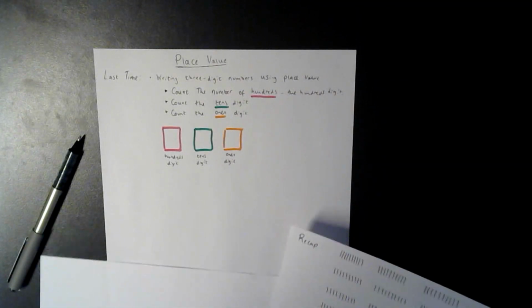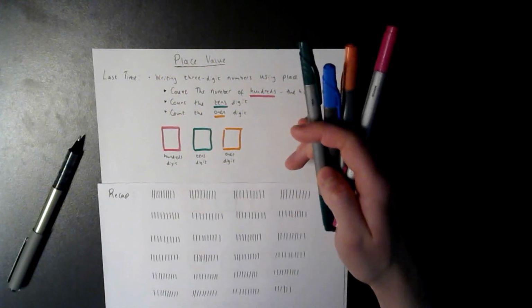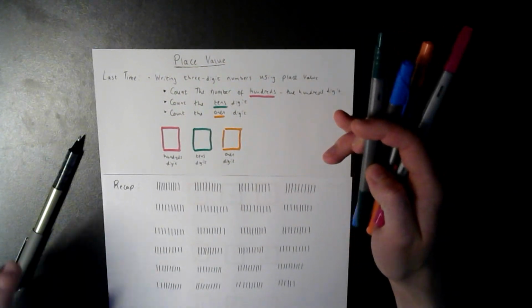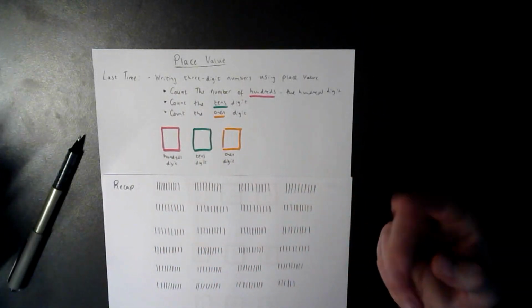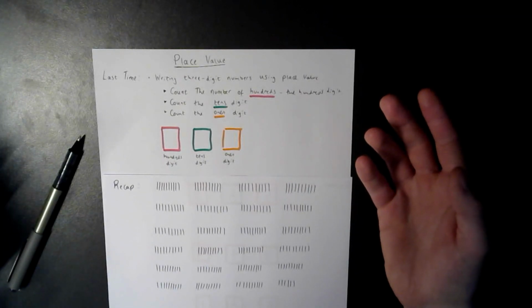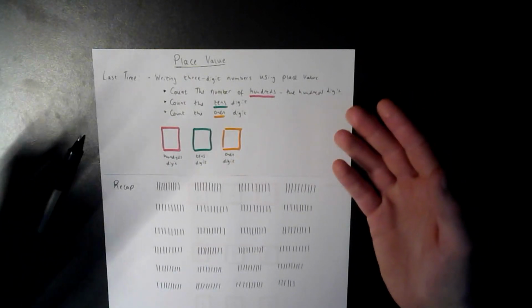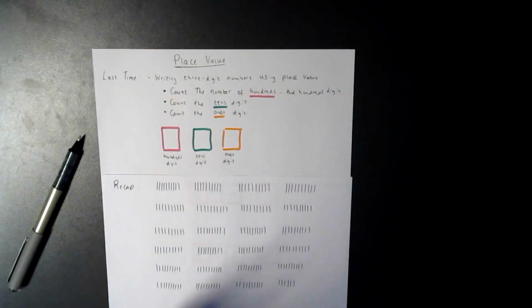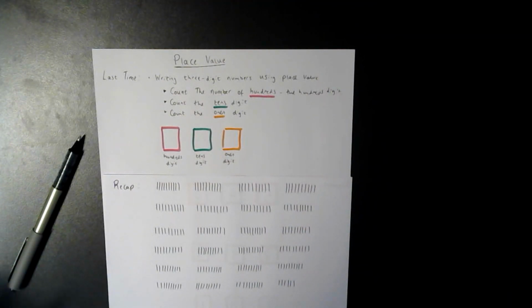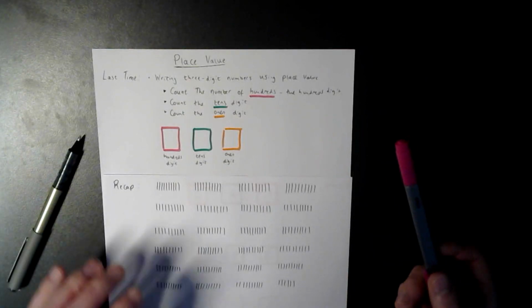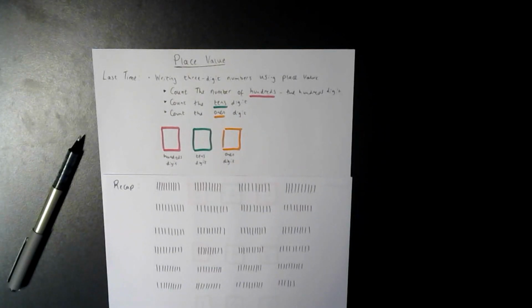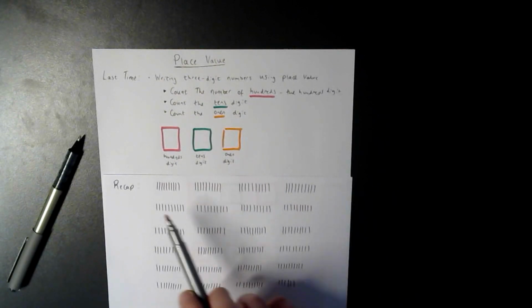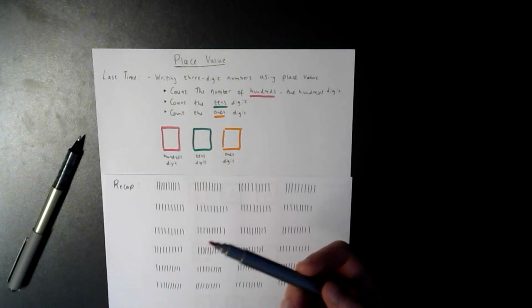So just as a quick recap, we're going to look at this example here, where again we're using the setup of lots of ones, lots of these lines that we have to count up and figure out the hundreds, tens, and ones. So let's give it a go. As we did last time, we're going to start with the hundreds, and we can do that by counting up in tens, like this.